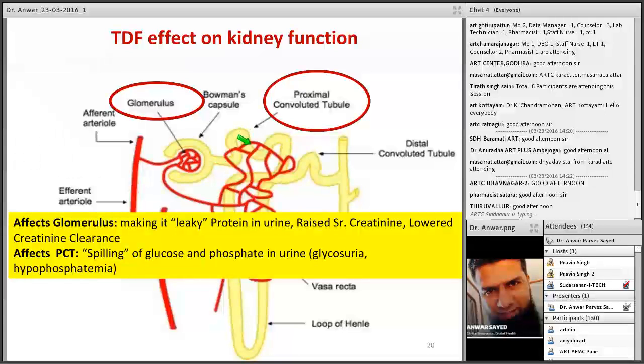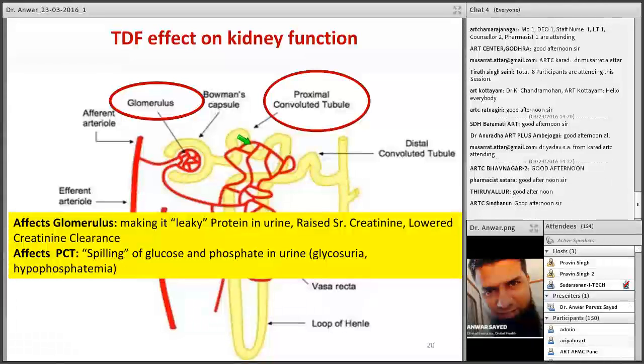So, tenofovir is taken up at the kidney from blood by the organic anion transporter located on the surface of the proximal convoluted tubule, that is here. After two additional phosphorylations, which we saw in the mechanism of action, the drug is extruded or forced out by the apical multidrug resistance protein, the MRP transporter, into the tubular space in which urine is formed.